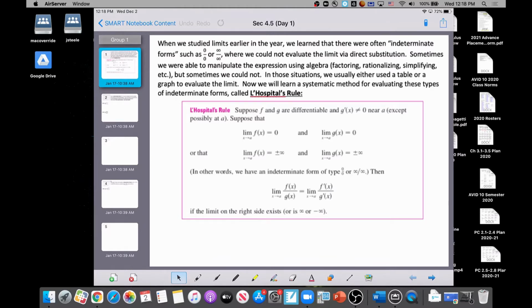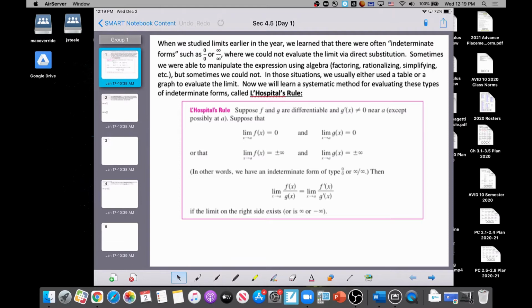What L'Hopital's rule says is that if we take the derivative of the function in the numerator and the derivative of the function in the denominator, as long as the derivative of the function in the denominator does not equal 0, then the limit of the derivative of f over the derivative of g will give us the same result as the original limit would.